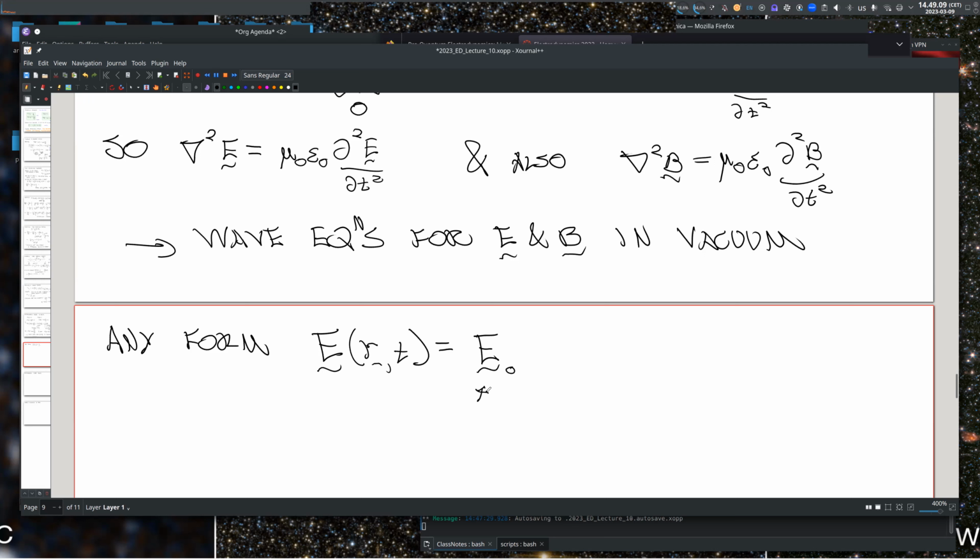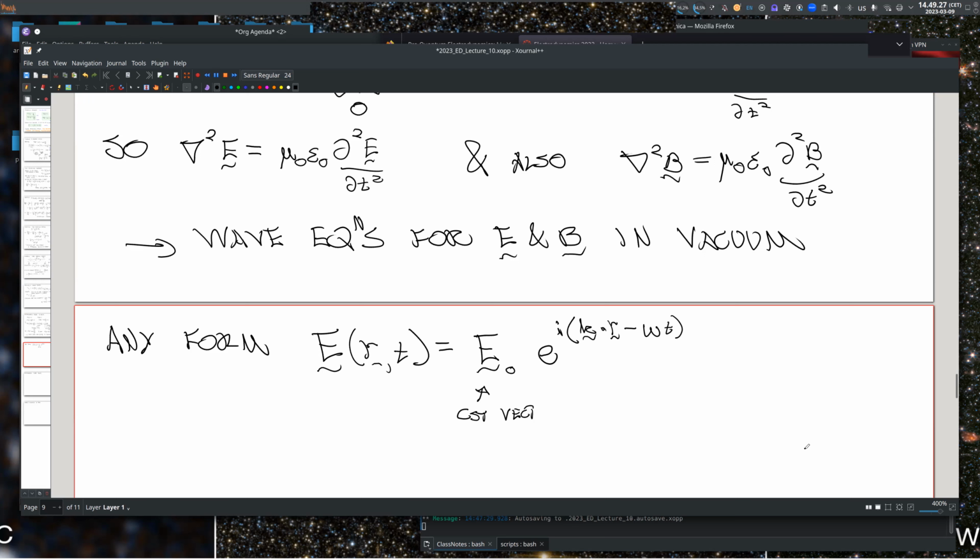So this is some constant vector. But now I'm going to put some dependence, e to the i, I'm going to choose a direction, k dot r minus omega t.